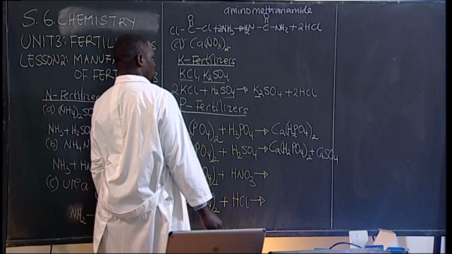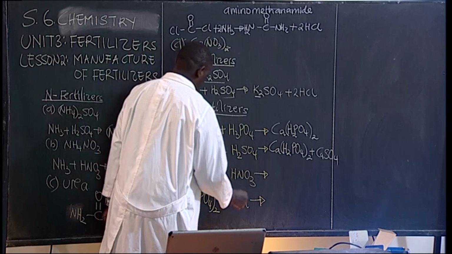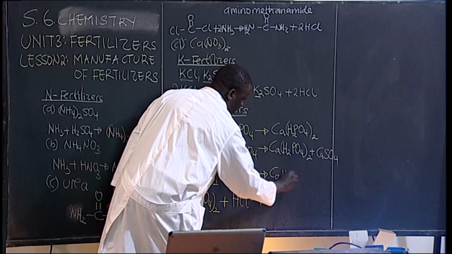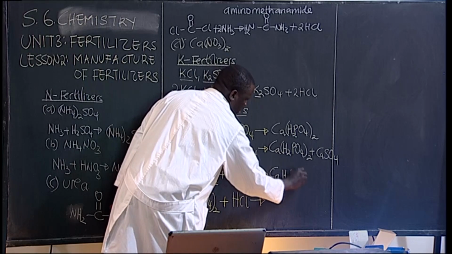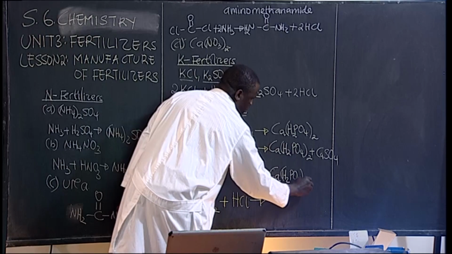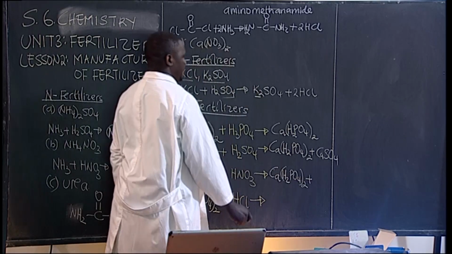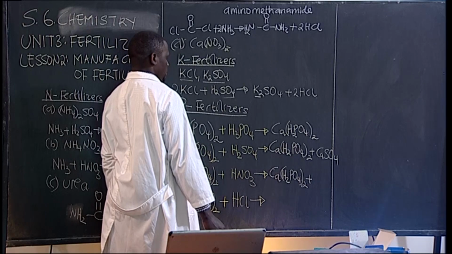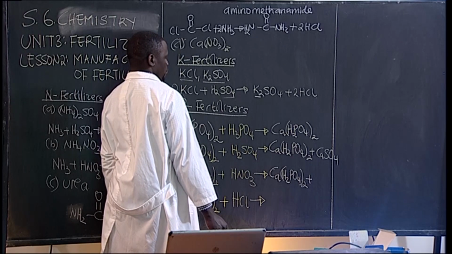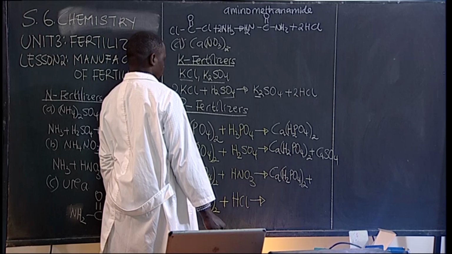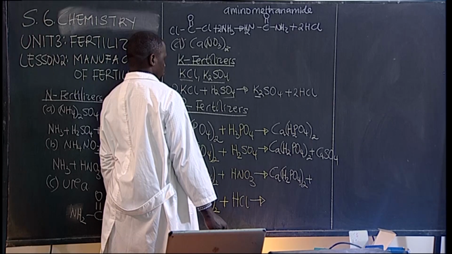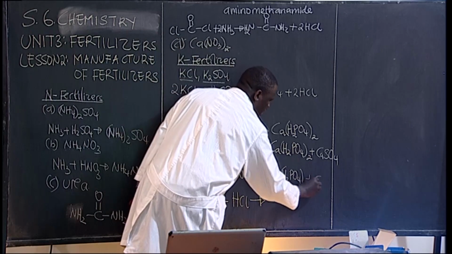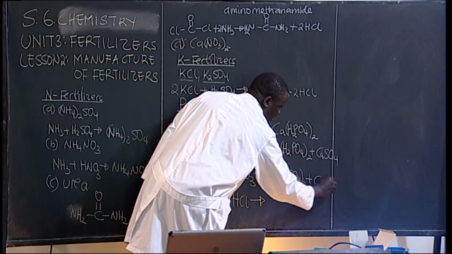And we have also another one, under controlled addition. We can also have calcium hydrogen phosphate, 2, plus calcium nitrate.